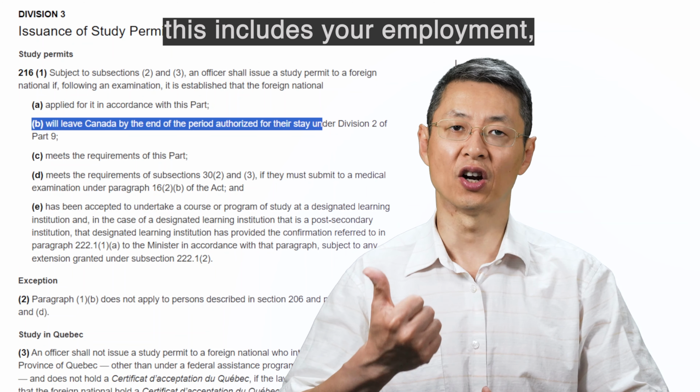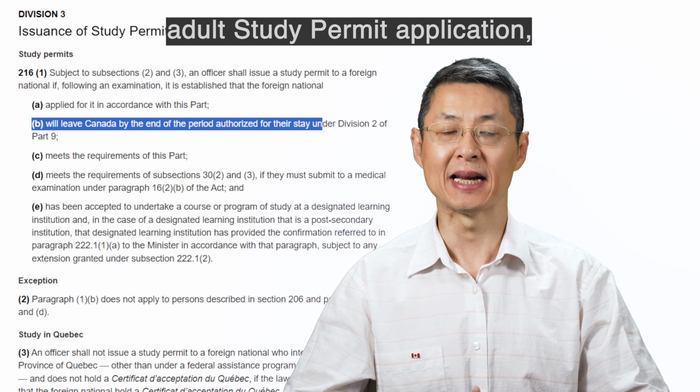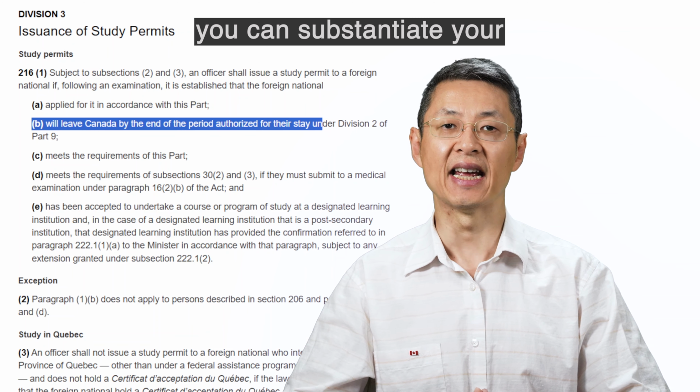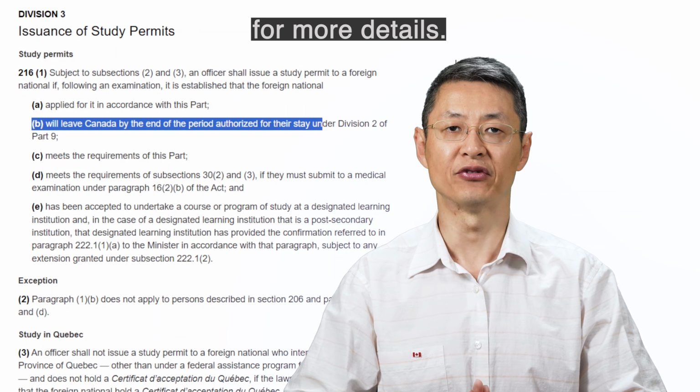On the other hand, you need to prove that you are a genuine student. In many cases, especially for adult study permit applications, you can substantiate your motivation of study by a study plan. For adult students, I have prepared a paid course about how to prepare a satisfactory study plan. You can refer to it for more details.